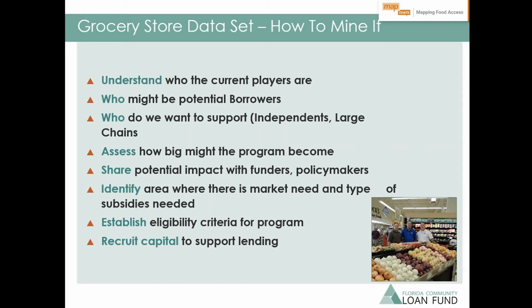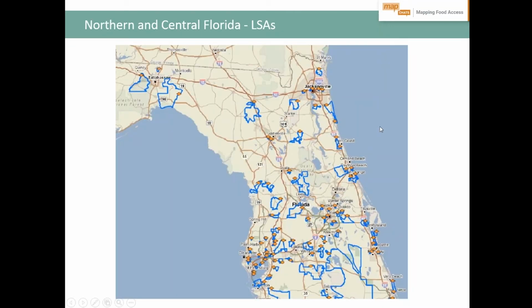And how do we share that potential impact with our funders and policymakers to set benchmarks, to gather their interest in serving different areas and different communities, and to help us identify the needs and really drill down in understanding and establishing what our criteria for the loan program is going to be?